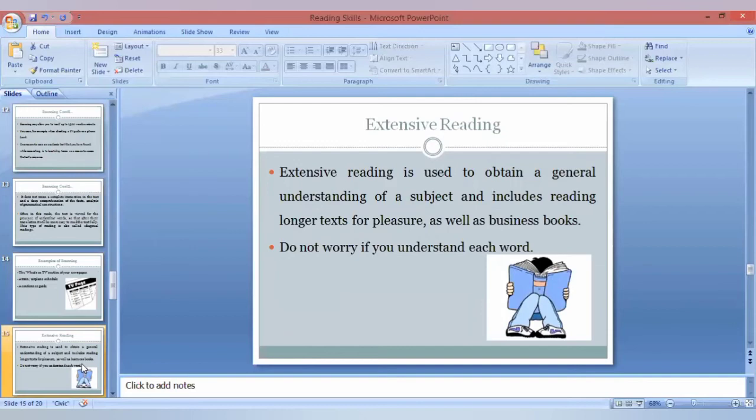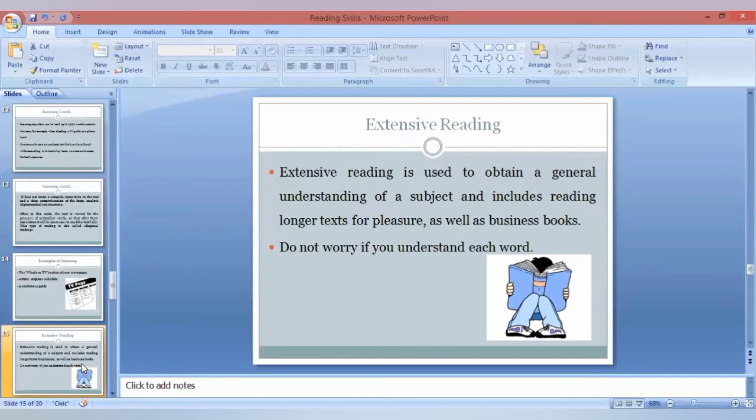Well, now comes the third mode, or the third type of reading, which is extensive reading. Extensive reading is a bit different from the earlier two types of reading. Extensive reading is used to obtain a general understanding of a subject, of a topic, and it includes reading longer texts.